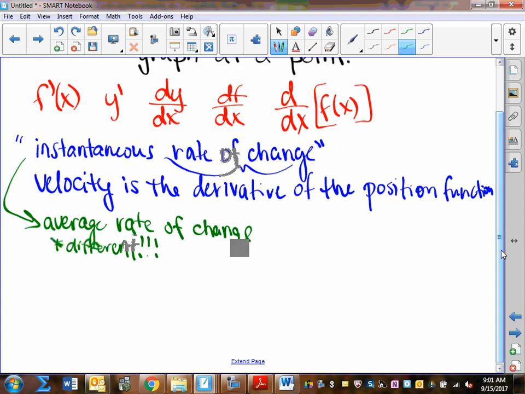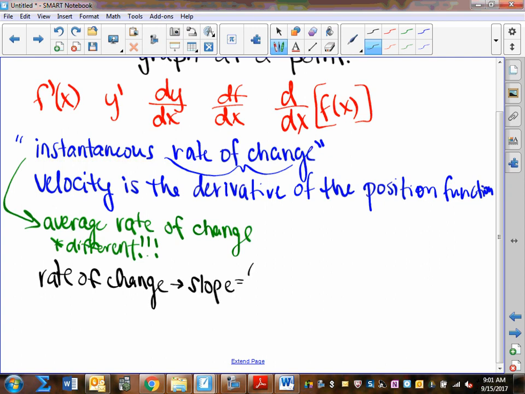And again, we were saying that rate of change we can think of as slope, right? Rate of change is slope. It's that change in y over that change in x. Or our actual slope equation, y2 minus y1 over x2 minus x1.